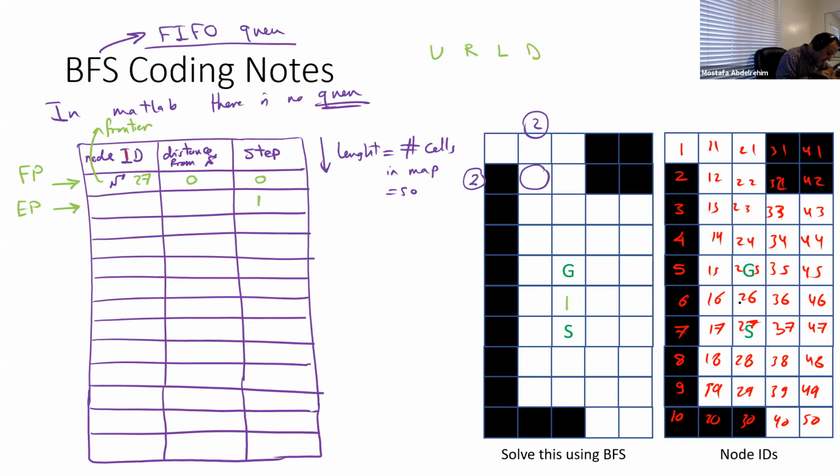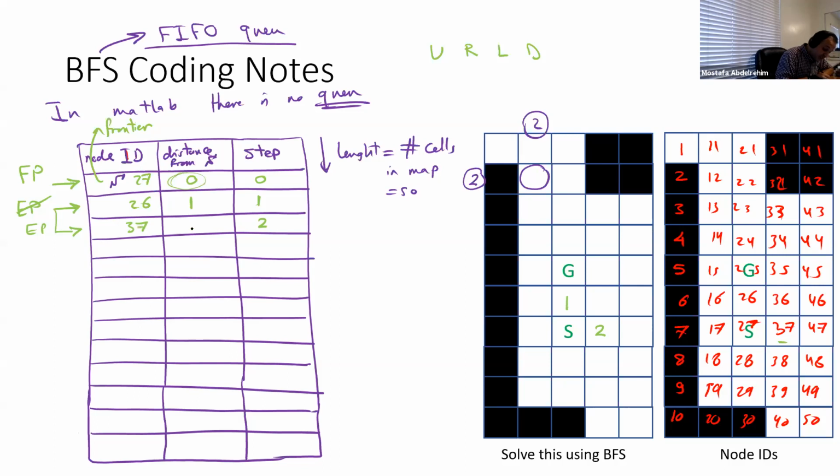Its ID is 26. And the distance from start is just 1. Just add 1 to the frontier distance. 0 plus 1 is 1. And move the pointer to here. 2. Remember, this is a step. What is the ID of this node? It is 37.